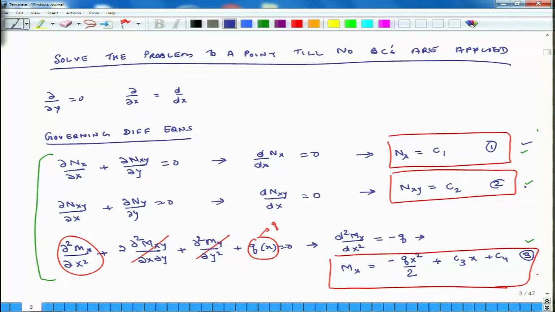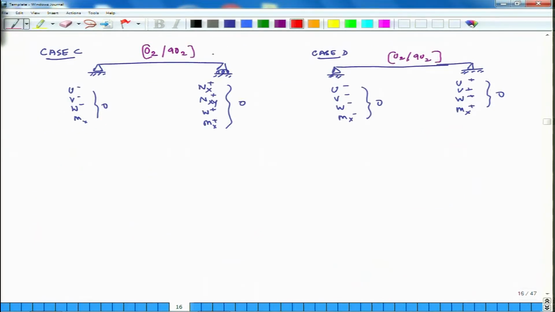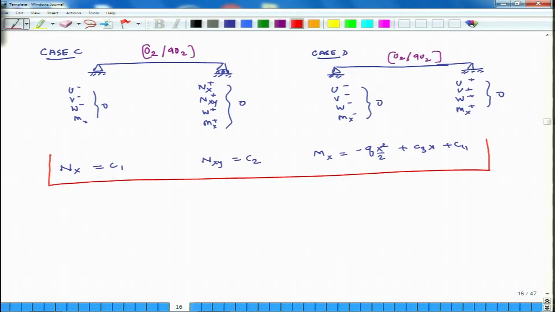Our three equations which we get from the differential equations are Nx is equal to C1, Nxy is equal to C2, and Mx is equal to minus Qx square by 2 plus C3x plus C4. Okay. So, these equations are still valid.